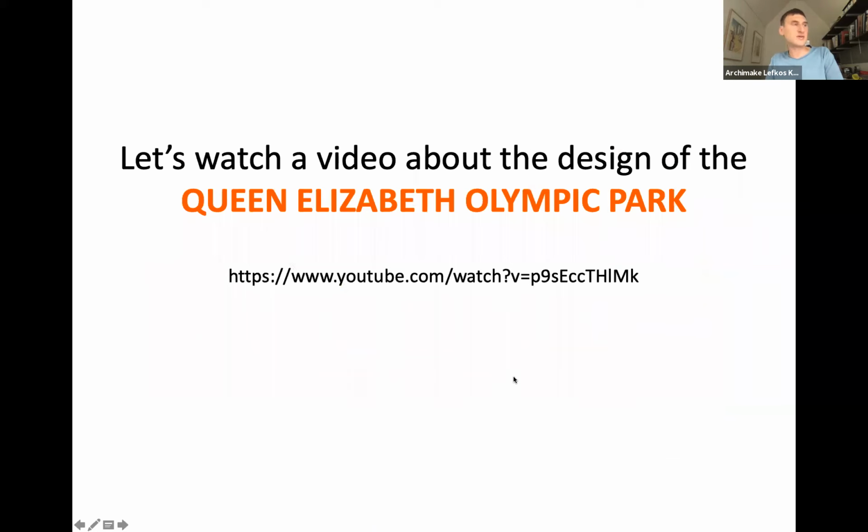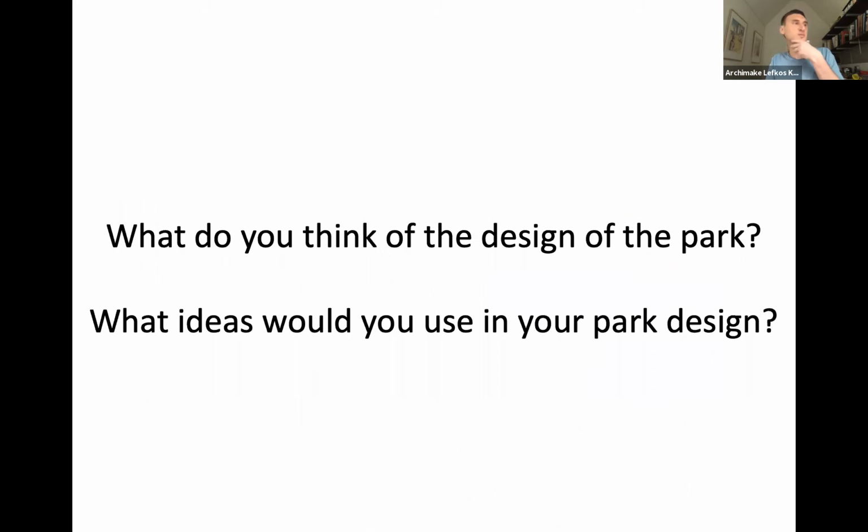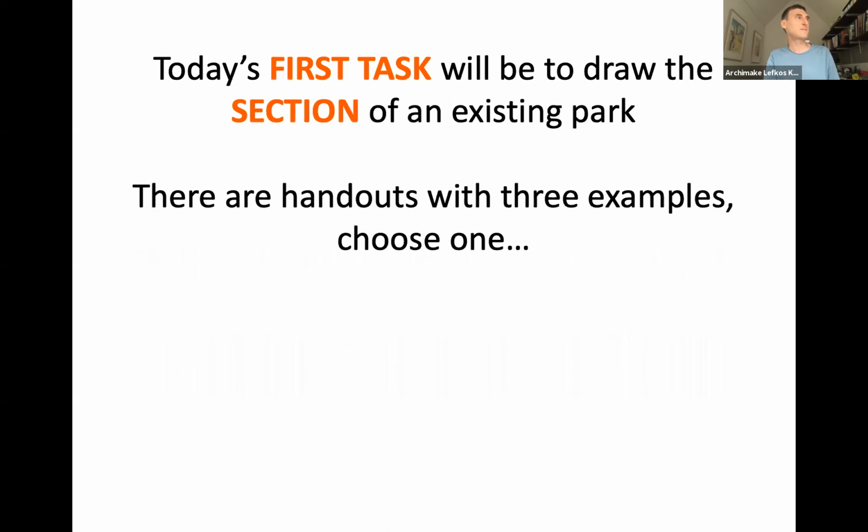Then there's a video of about 5 minutes about the design of the park. I would highlight, and obviously ask them what they think of the video at the end and what ideas they'd use, that they created a river canal within the park by changing the levels and making an embankment. They sculpted the landscape, if you like, and the ground levels.